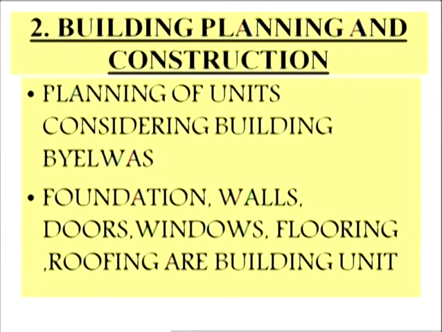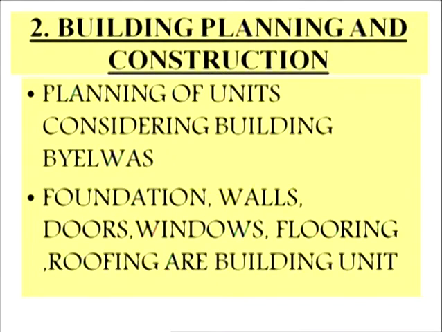This comes under this branch of civil engineering, building planning and construction. The buildings are planned according to the bylaws prepared by the local municipality or other local authorities, and the buildings are to be planned according to these bylaws.